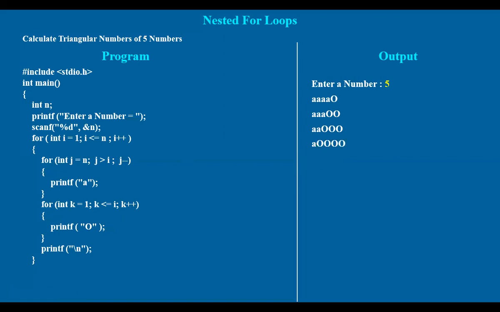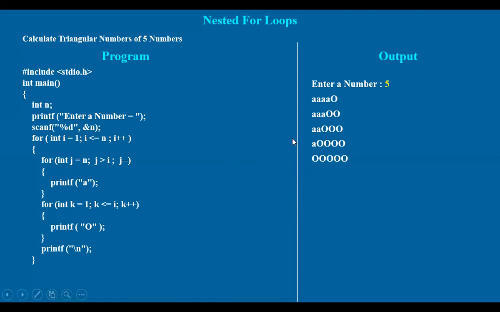The next time, I value becomes 5, right? And this loop won't be executed, because J is equal to 5, and 5 greater than or equal to 5 is false. So this won't be executed. So that's why only this loop will be executed here 5 times, and you are going to have 5 zeros.